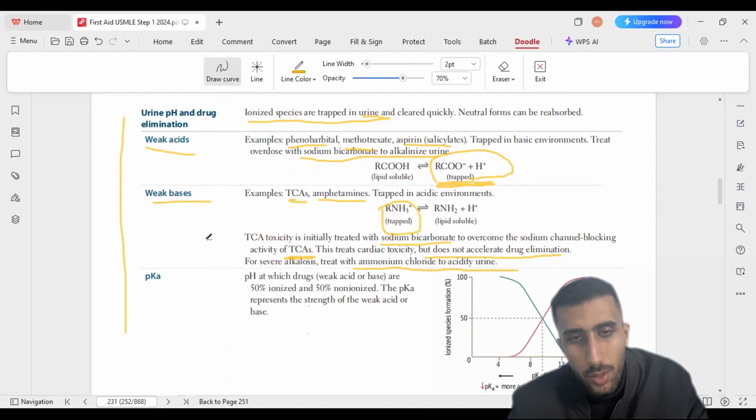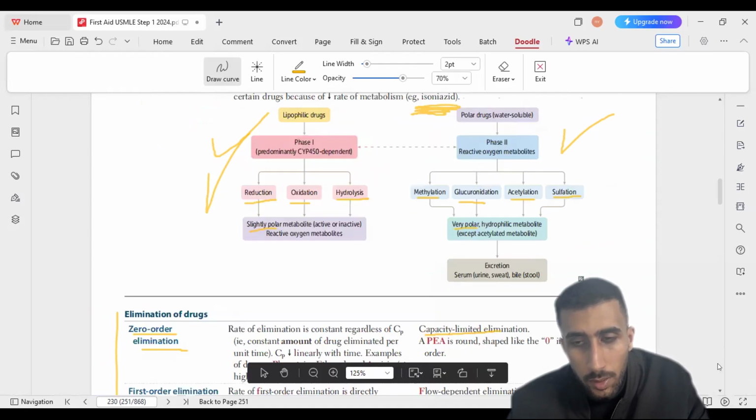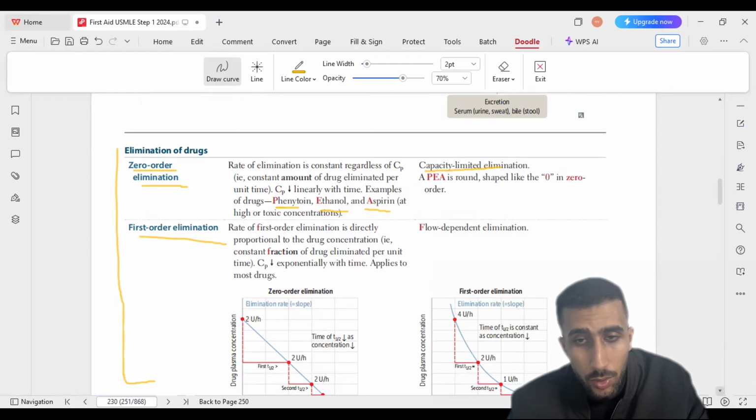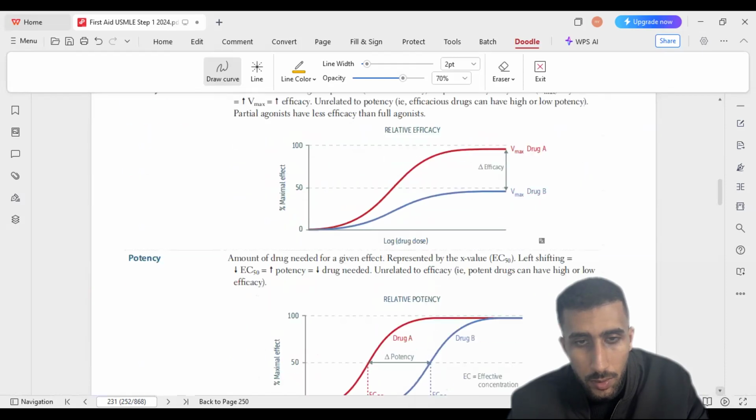First, stabilize your heart with sodium bicarbonate. If it does not accelerate the elimination, and then for severe alkalosis, you may treat with ammonium chloride to acidify the urine, separate from the step of stabilizing the heart. You also want to get rid of the drug.